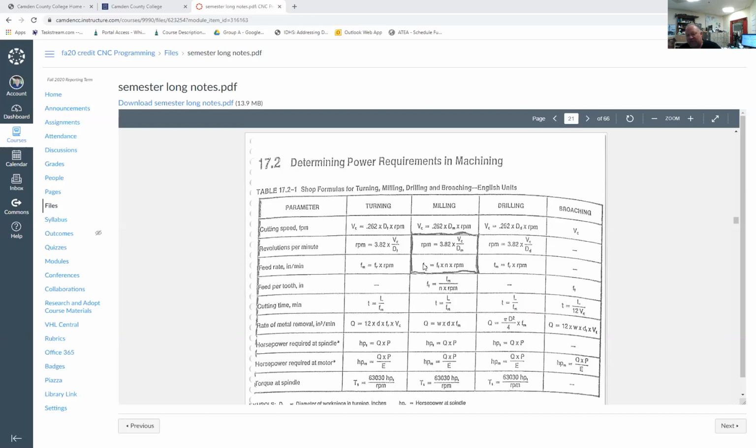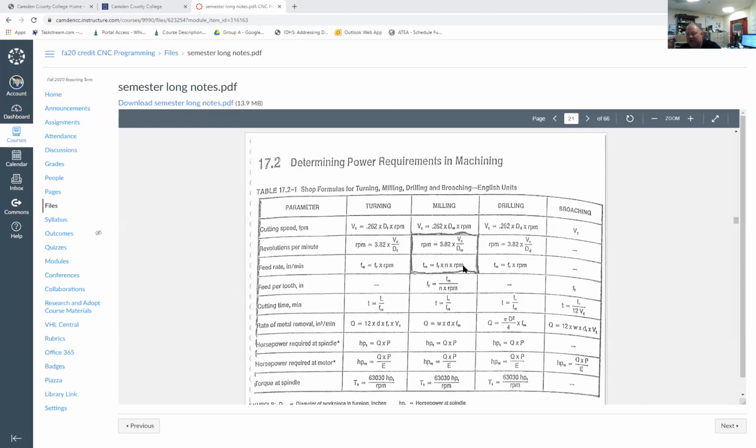Feed rate, lower F sub M, the M stands for minutes, feed rate per minute, is the feed per tooth, F sub T, times N, the number of cutting edges of your tool, times RPM. So you can see that it's necessary to solve for RPM first, then you plug that answer into your feed rate per minute.